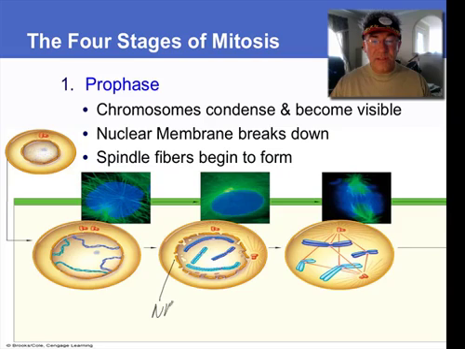This is the nuclear membrane, right there. This makes sense because if you want to split the chromosomes to different parts of the cell, you have to get rid of the boundary, which is the nuclear membrane. And then finally, these spindle fibers begin to form, and these are microtubules of protein that will eventually guide the chromosomes around the cell.